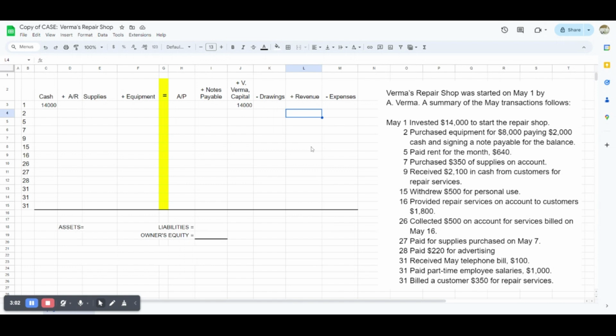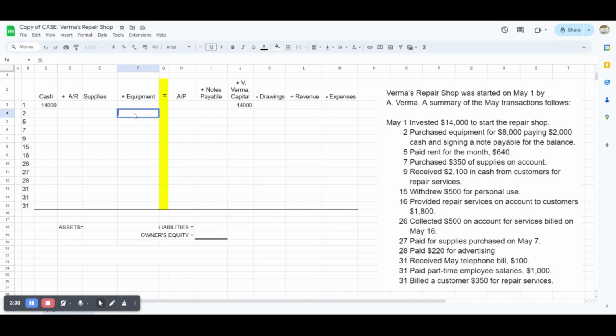May 2nd. Purchased equipment for $8,000, paying $2,000 cash, and signing a note payable for the balance. Okay, so in this example, 3 accounts are going to be affected. First, in the question, it says purchase equipment for $8,000. So equipment is an asset.